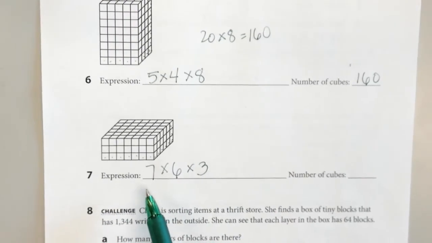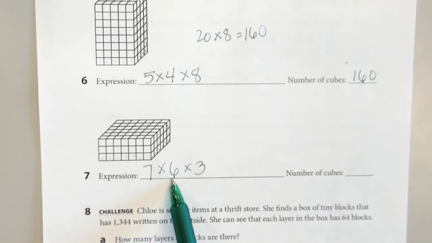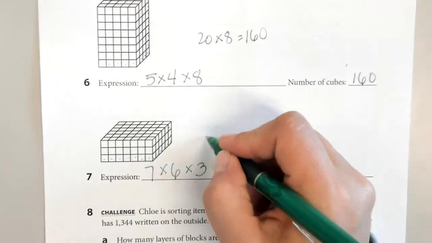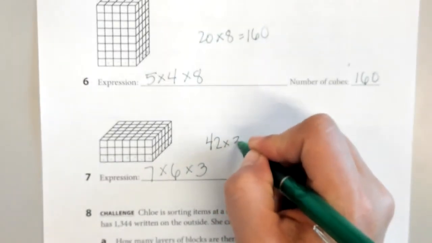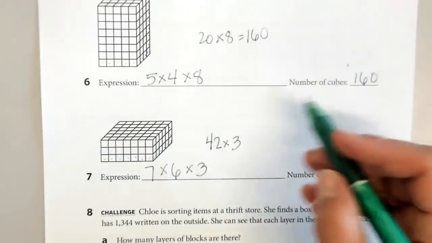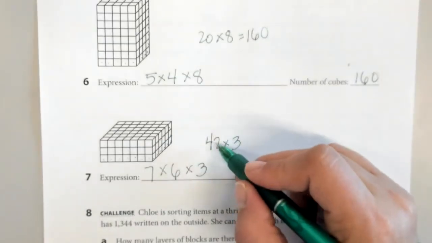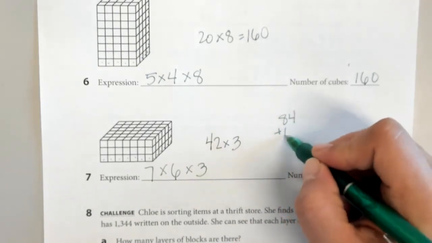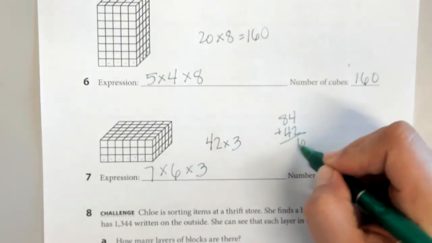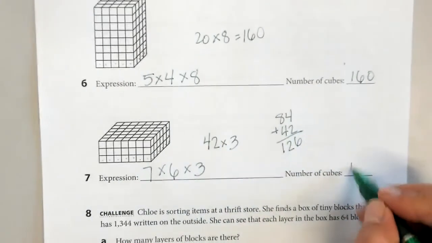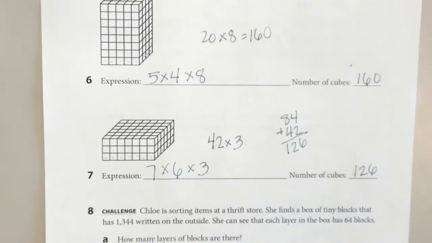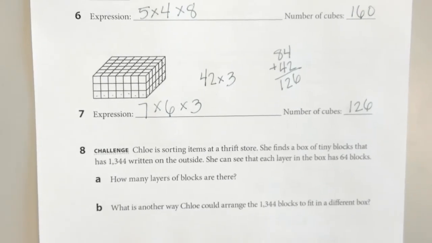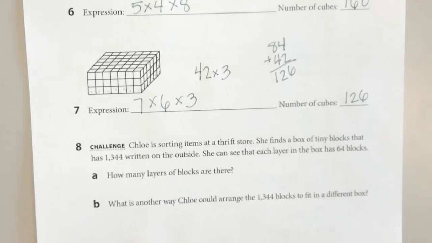Okay, now I just do my multiplying. 7 times 6 is 42, right? 42 times 3, so I'm going to double it. 42 doubled is 84, and then 84 plus another 42 equals 126 cubes.